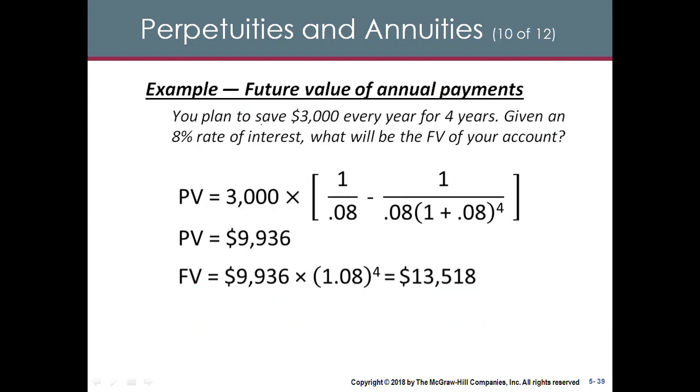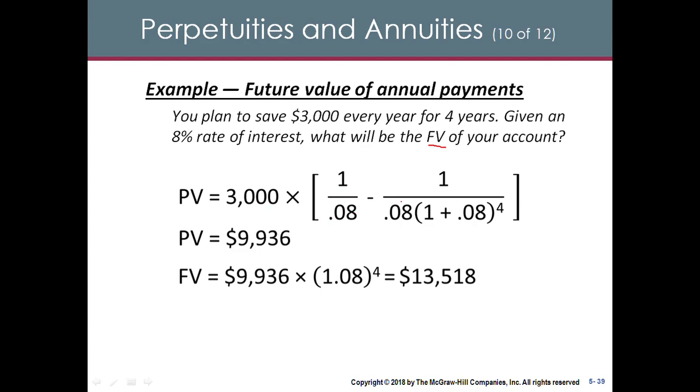For example, let's say you plan to save $3,000 every year for the next 4 years, given an interest rate of 8%. What will be the future value in your account? That means you will be investing 3,000, 3,000, 3,000 for the next 4 years. And then the question is, what will be the FV? So first step, calculate the PV of the payment of 3,000 for the next 4 years.